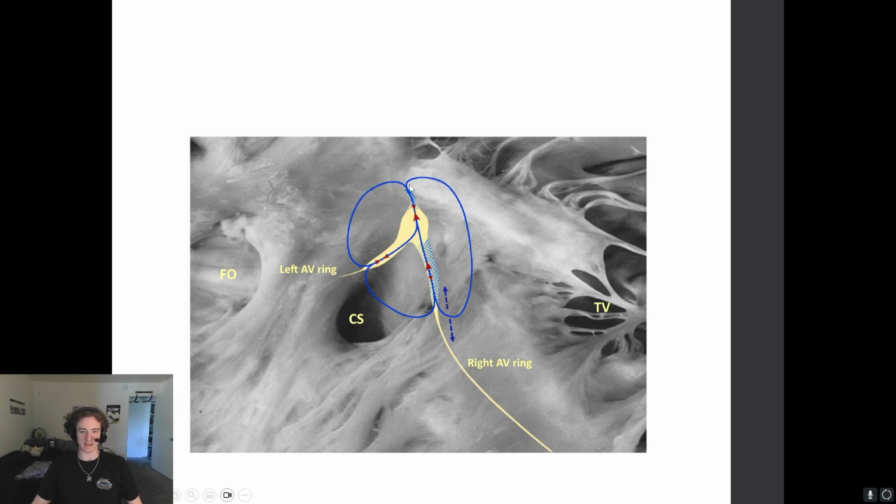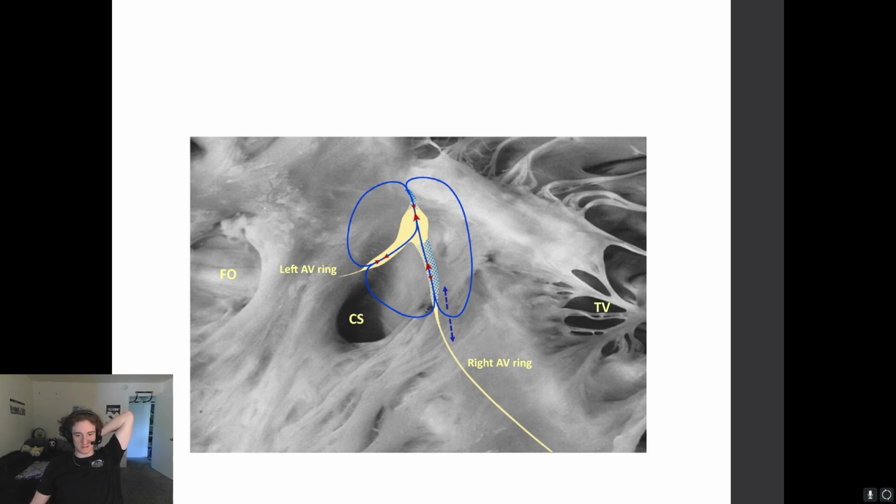That circuit would be contained in this area, which is more atrial muscle and transitional tissue, so it'd be able to propagate a lot faster, which would support a tachycardia. I think that makes sense. Might need to rewatch it a couple times. I'm not sure if I went too quickly. But yeah, I think I summed it up well at the end.